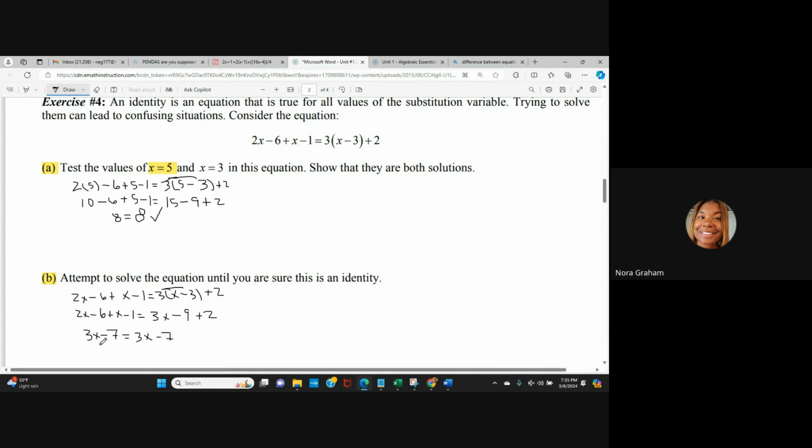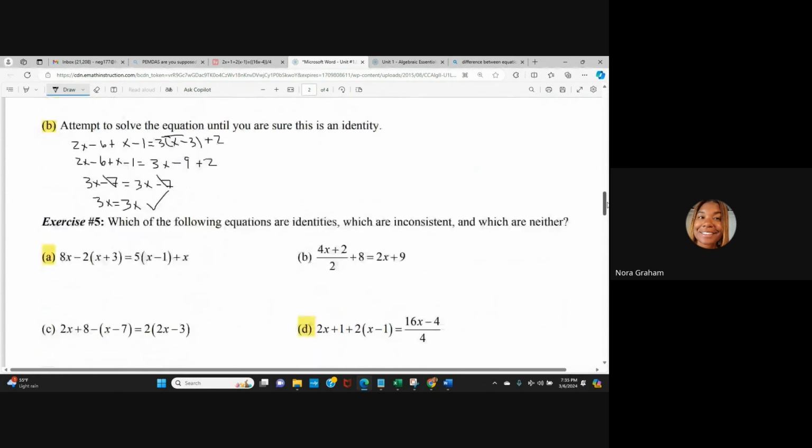If I add them to both sides or subtract 3x from both sides, I know I'm going to get something like this. I get 3x equals 3x. If I wanted to divide both sides by 3, I could, and I would get x equals x. But just looking at this, we know it's an identity, okay? Because both sides of my equation are equal to one another, right? So we just showed that that one is an identity by following those steps.